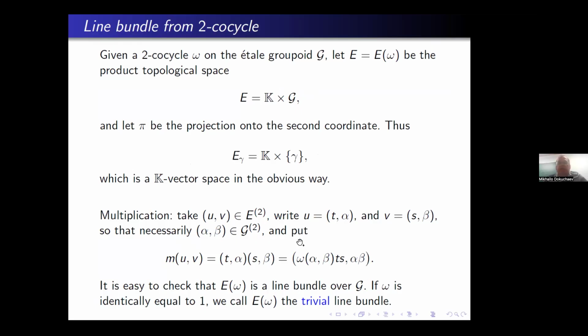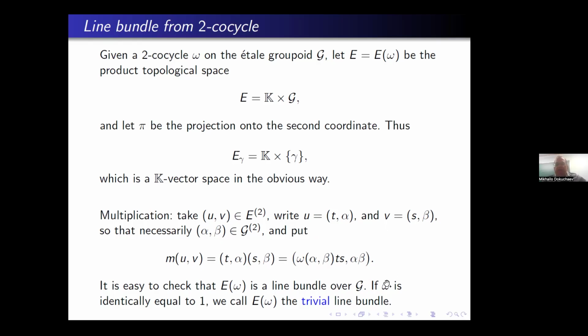So you take two composable elements from the bundle. These are pairs in our case, T alpha and S beta. So necessarily alpha comma beta form a composable pair of elements of the groupoid. And we define the product so that we multiply the field elements, we multiply the groupoid elements, but we also twist it by this cocycle. So it's easy to check this is really a line bundle over the groupoid.